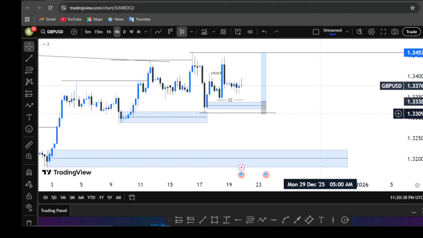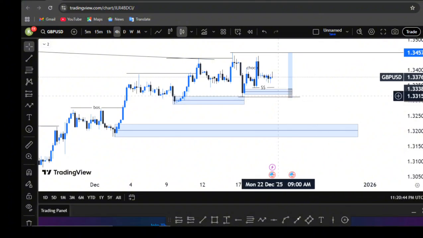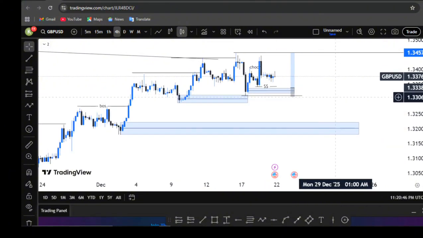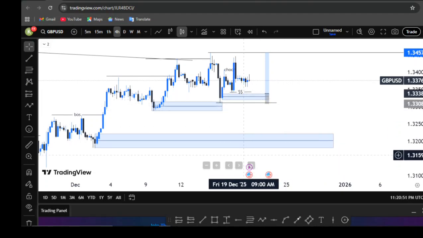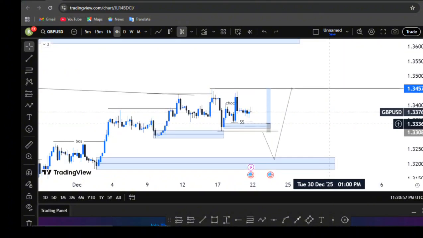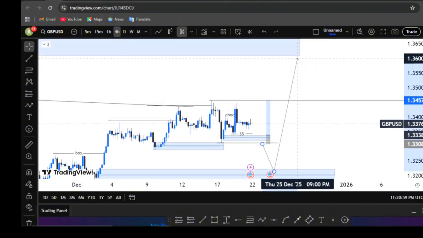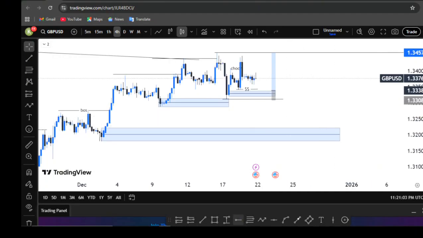So we are just going to monitor the zones. We shall monitor the price action and then see if what we are expecting plays out, well and good. If it doesn't play out, we shall wait for a clear setup. If this one fails to hold and it comes down, still we shall look for buys. This one will be our first take profit, and then the last take profit will be this supply zone.